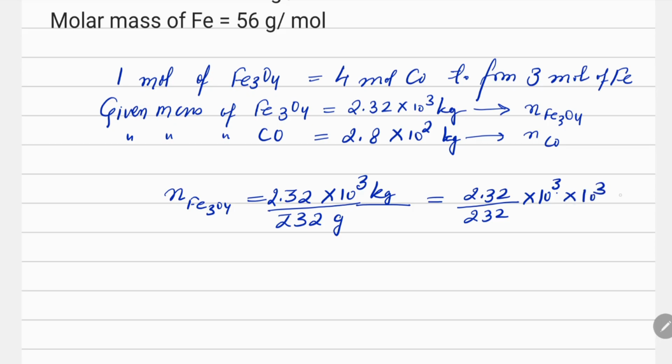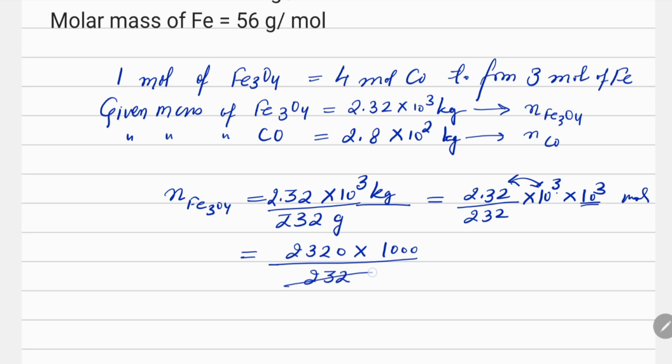Multiplying, 1000 multiplied by 2.32 becomes 2320, divided by 232.